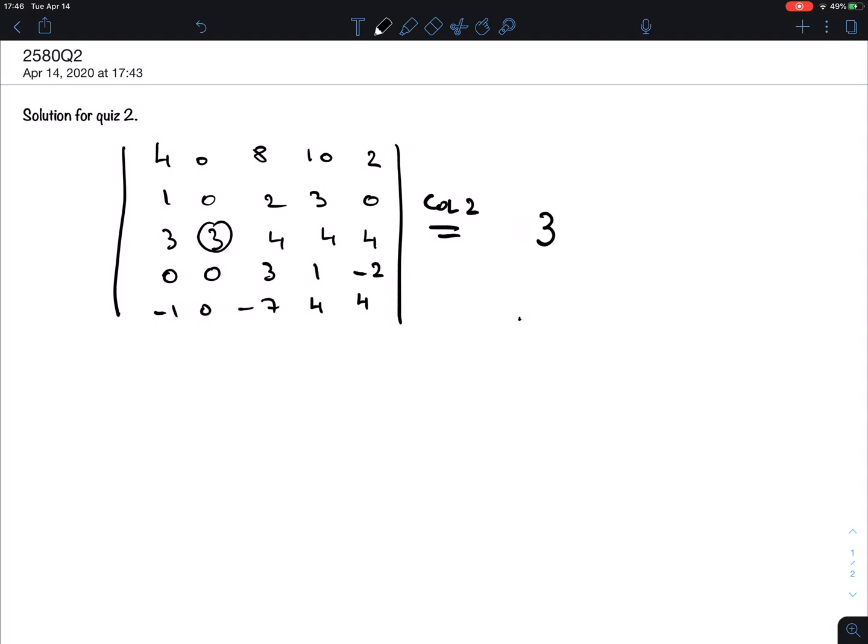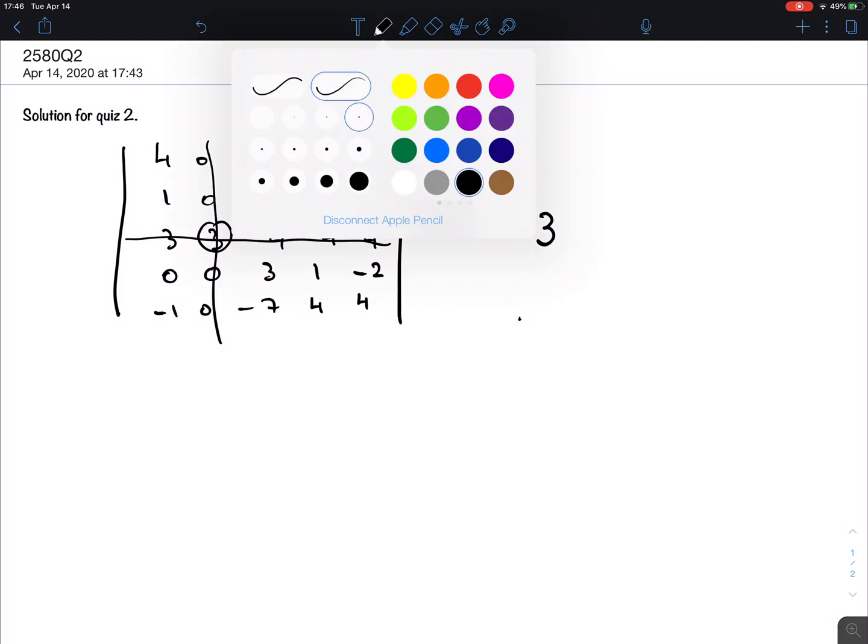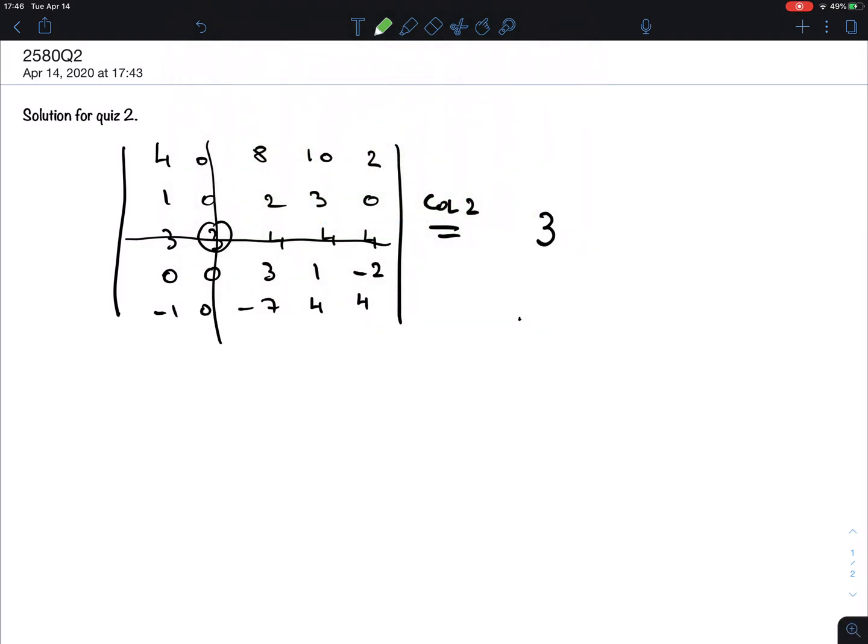Now, the cofactor is obtained by deleting the row and column. But we also should take into account the issue of a sign, right? The cofactor always comes with a sign. And so in this case, it would be plus, minus, plus, minus. So we have a minus sign here.